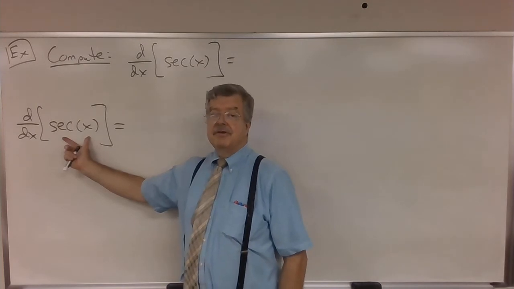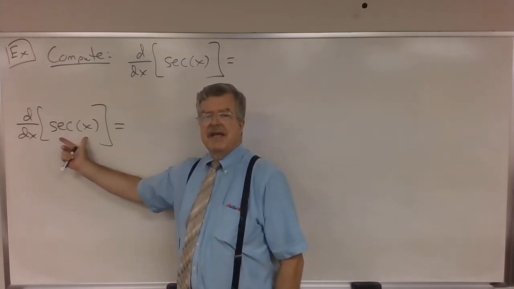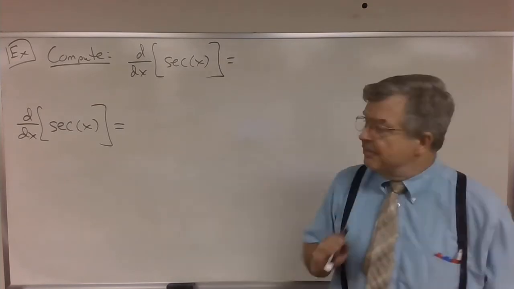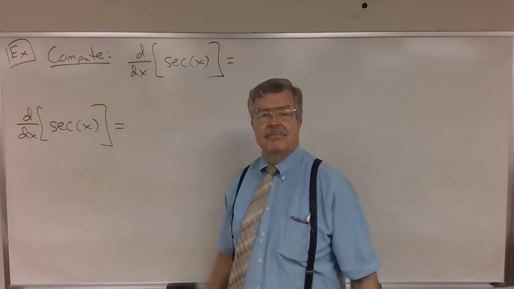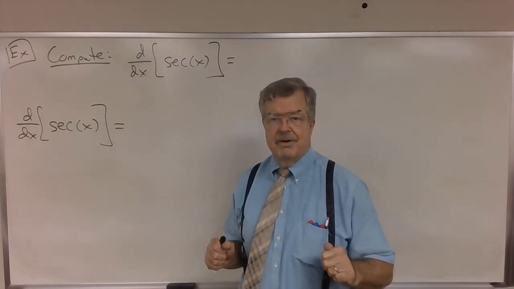We have a similar situation here. We don't know anything about secant other than what it's equivalent to in terms of sine and cosine. So let's write secant x in terms of those functions that we're more familiar with.